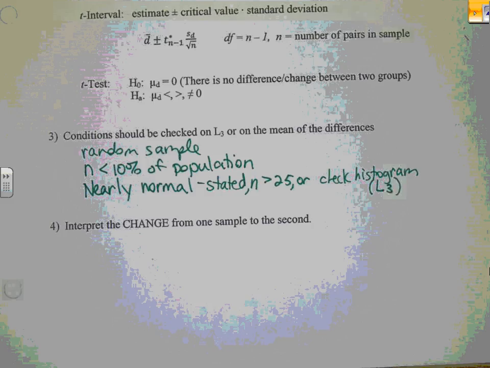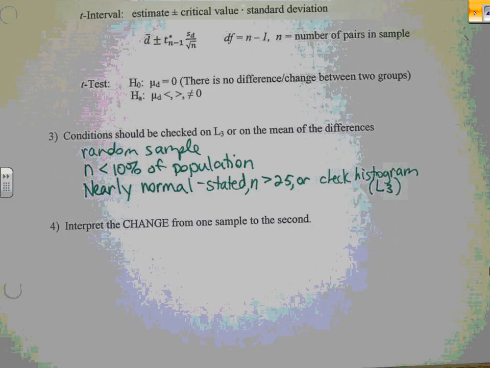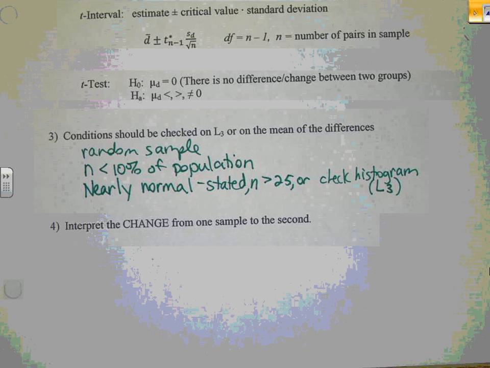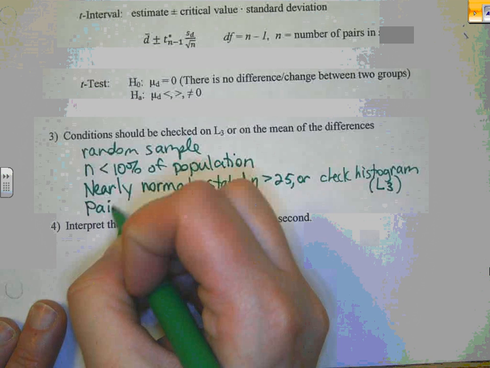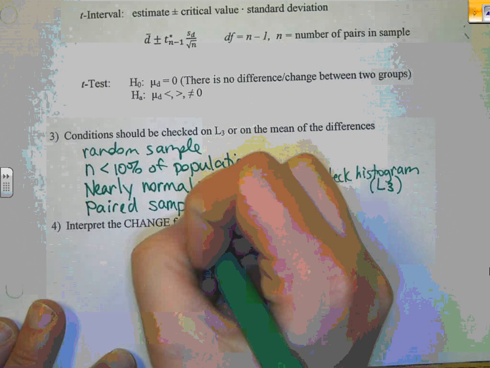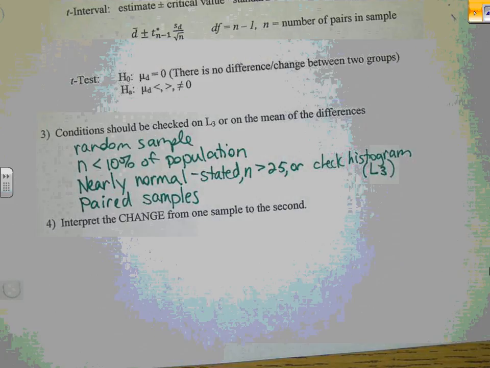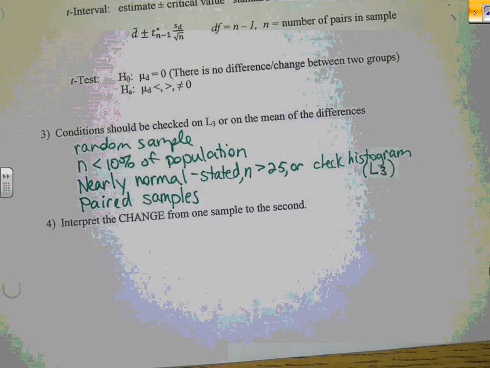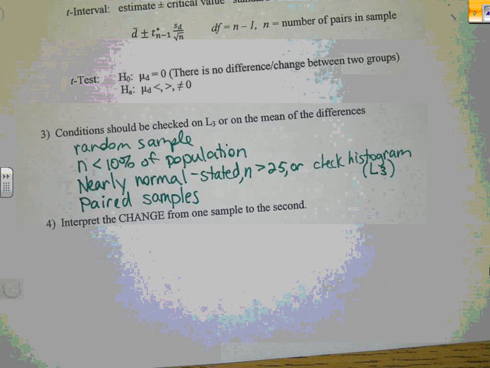There's one more condition. So when it's 2 sample, we had to check and see if they're independent. When it's paired, this is kind of dumb, but you need to state that they are paired samples. It's dumb because you wouldn't have gotten to this point if you hadn't already decided that. Like, oh yeah, by the way, these are paired samples, and that's what it is.